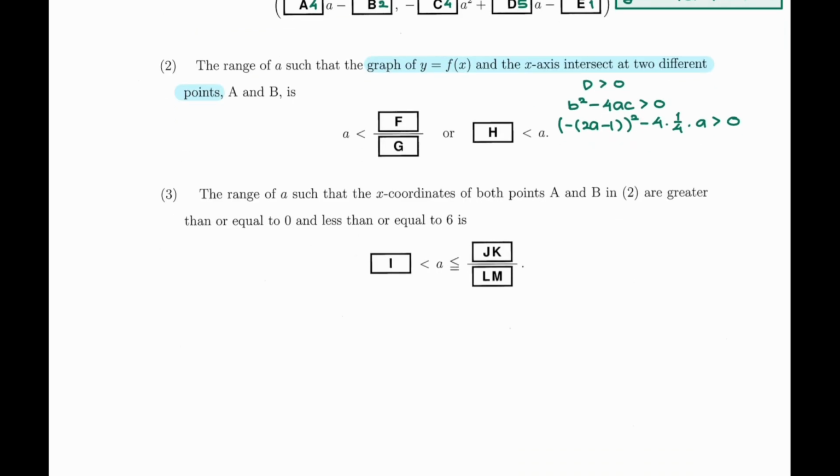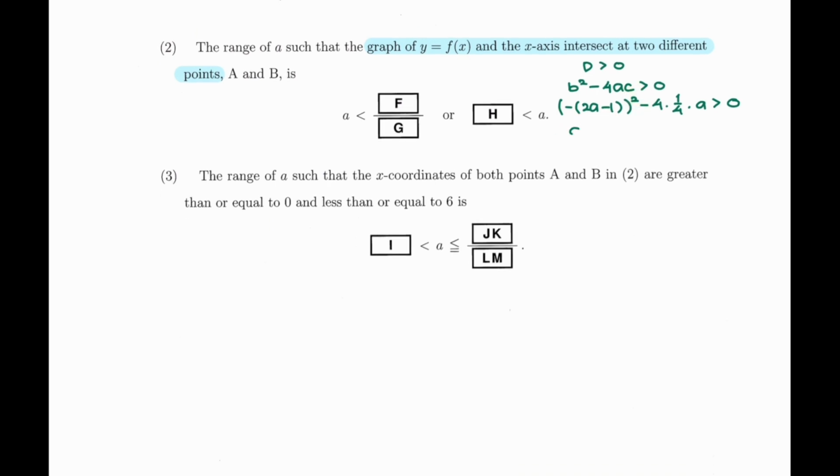If you simplify these inequalities, the negative squared becomes positive, and (2a minus 1) squared gives 4a squared minus 4a plus 1, minus 4 times 1 over 4, which is negative 1, times a, so you obtain minus a greater than 0. That means 4a squared minus 5a plus 1 must be greater than 0.